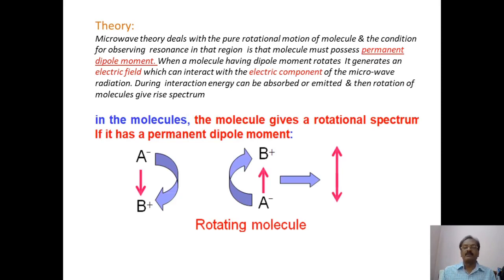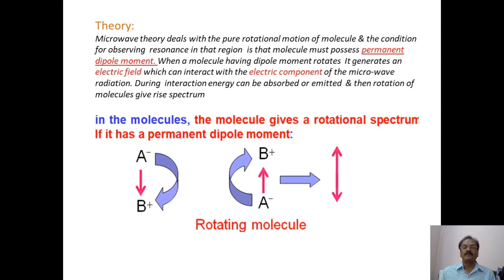As you are already familiar from the molecular structure chapter, dipole moment is a magnitude which refers to the polarity of the molecule. Mu is equal to R into Q. And if it possesses a dipole moment, only such molecules show rotation spectroscopy, or give a rotation spectrum.